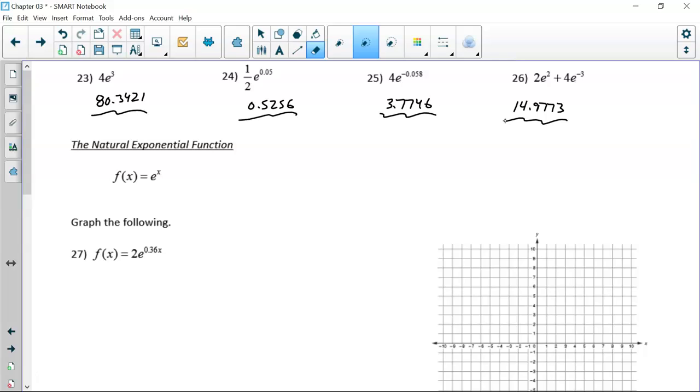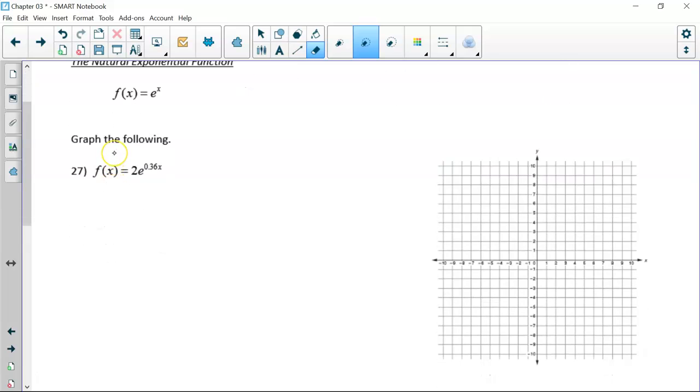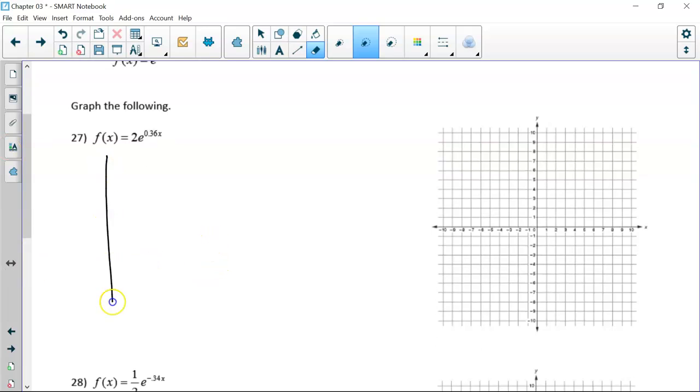Now we're going to be looking at the graphs of these exponential functions. So exponential function f of x equals e raised to the x. So we're going to graph these using a table, and your calculators have access to it. Since e is such an ugly number to work with, we're just going to use our calculators. -2, -1, 0, 1, 2, 3, and we can go up to 4.